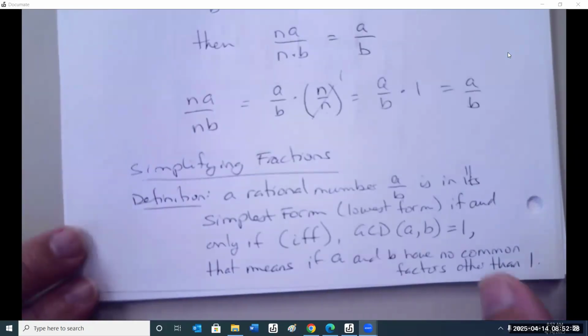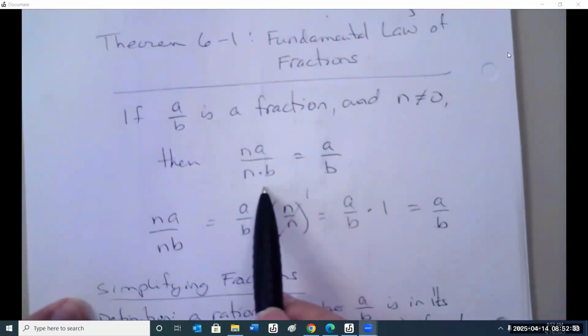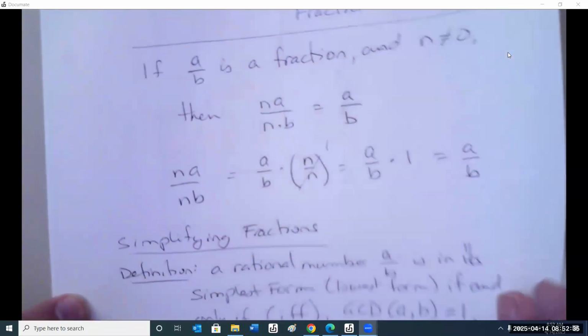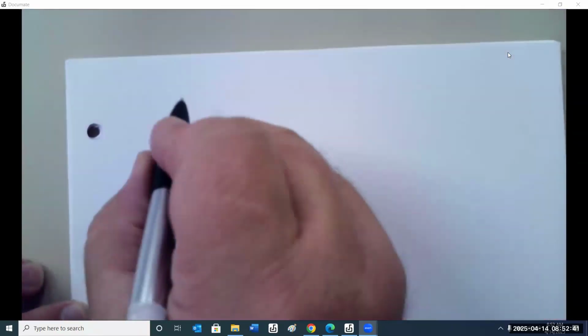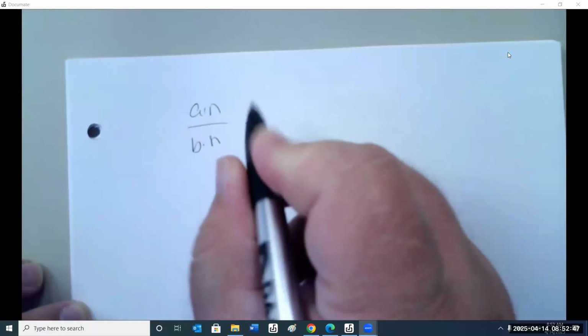And here we can introduce this concept to them. Well, we just did. We just talked about it here. For example, we had A times n, B times n. Do they have anything in common, top and bottom? Yeah, the n's.